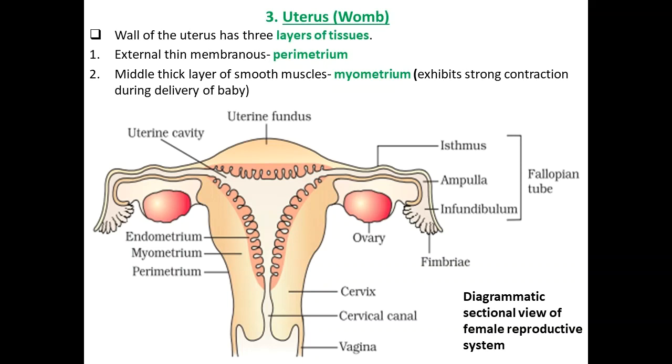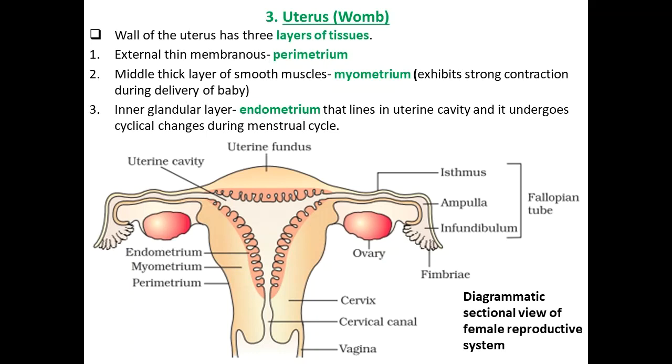The third layer is called endo. Endo means inside, that is the endometrium. It is the inner glandular layer. As shown in the diagram also, there are glands on the inner side. So glands produce secretions, and it is the endometrium layer which undergoes changes every month.